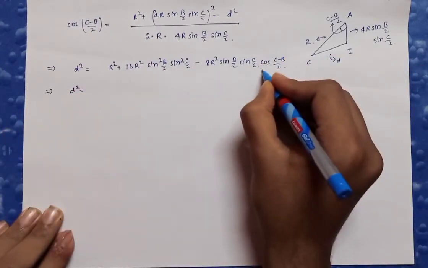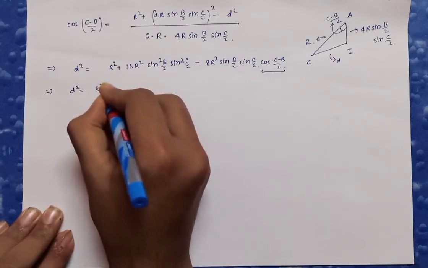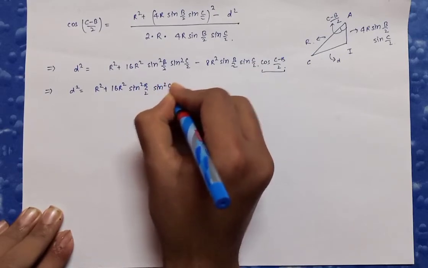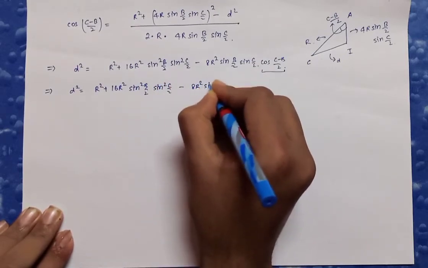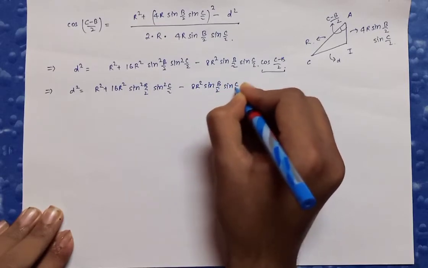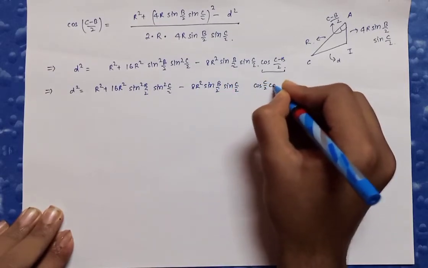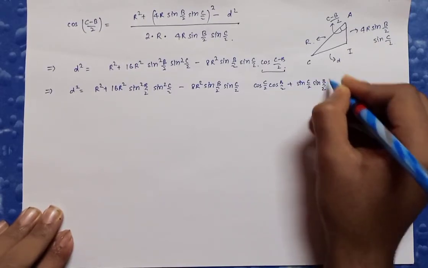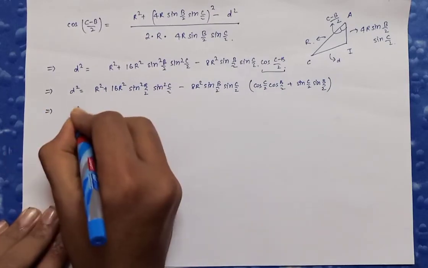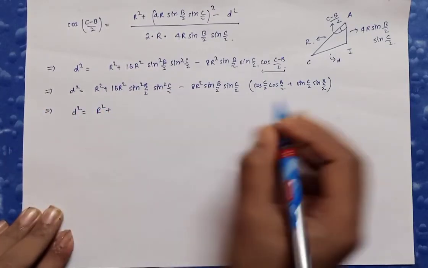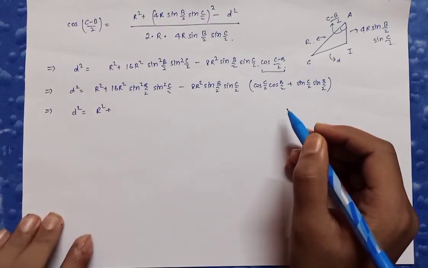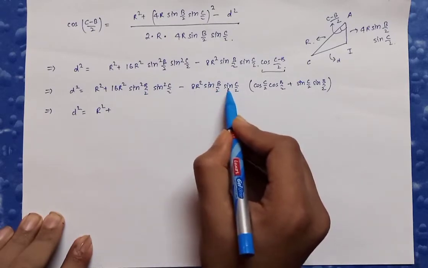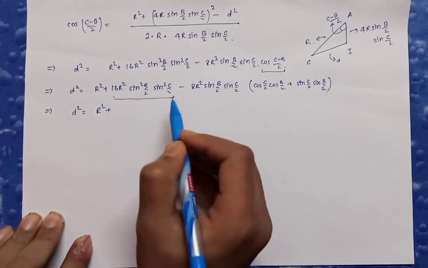Now let's simplify by opening this cos((C−B)/2). Then R² plus 16R² sin²(B/2) sin²(C/2) minus 8R² sin(B/2) sin(C/2), and here we can write cos(C/2) cos(B/2) plus sin(C/2) sin(B/2). Now what I am observing is that I can take this 8R² sin(B/2) sin(C/2) common in this term also.